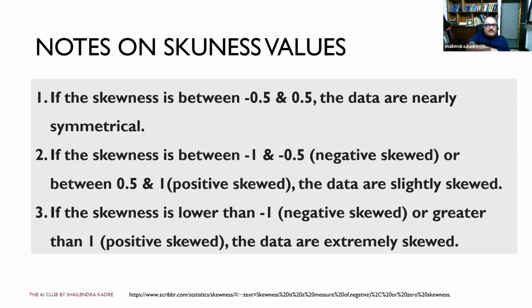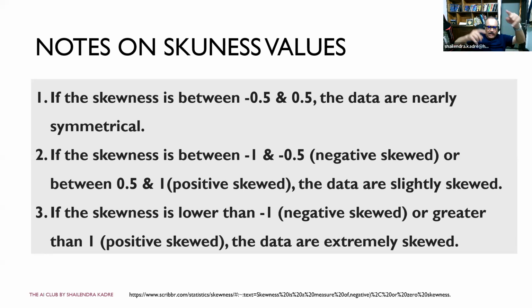If skewness is between minus 1 and minus 0.5, now we are going beyond minus 0.5, left hand side: minus 0.6, minus 0.7, minus 0.8, minus 0.9, up to minus 1. It is called negatively skewed because of the negative sign.